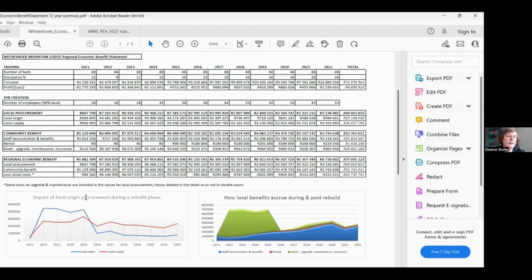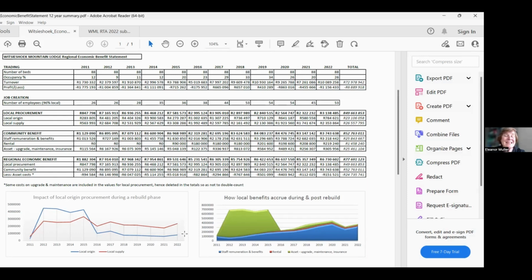The graph on the left I used for the submission simply to show the impact of local origin procurement during a rebuild phase. We as management also use it to see that our ratios between local origin and local supply are going in the right direction.